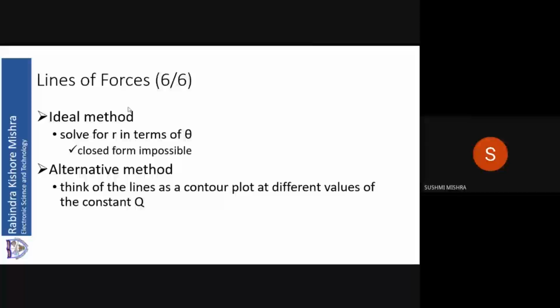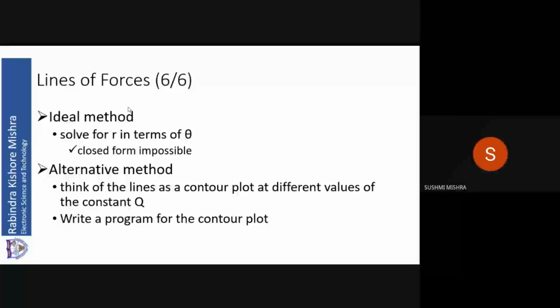The alternative method is to write a program for the contour plot. How? With this assumption: think of the lines of force as a contour plot at different values of the constant Q. So each Q gives me one line of force.